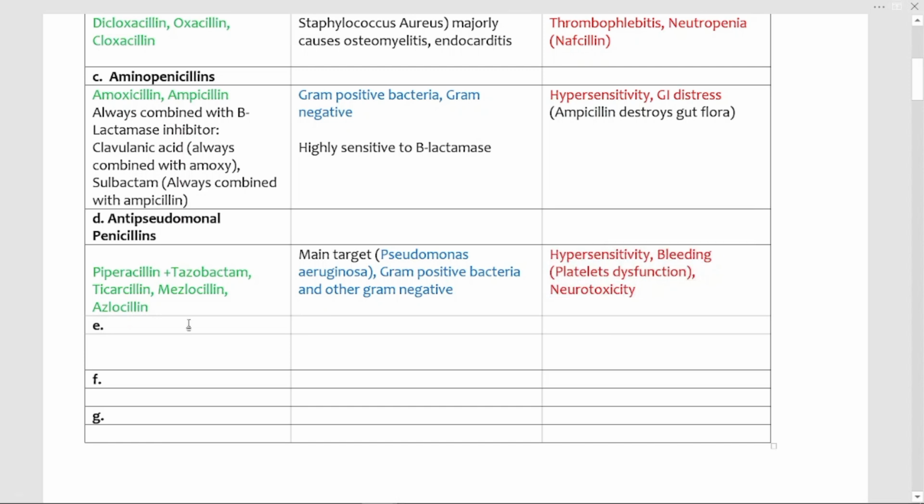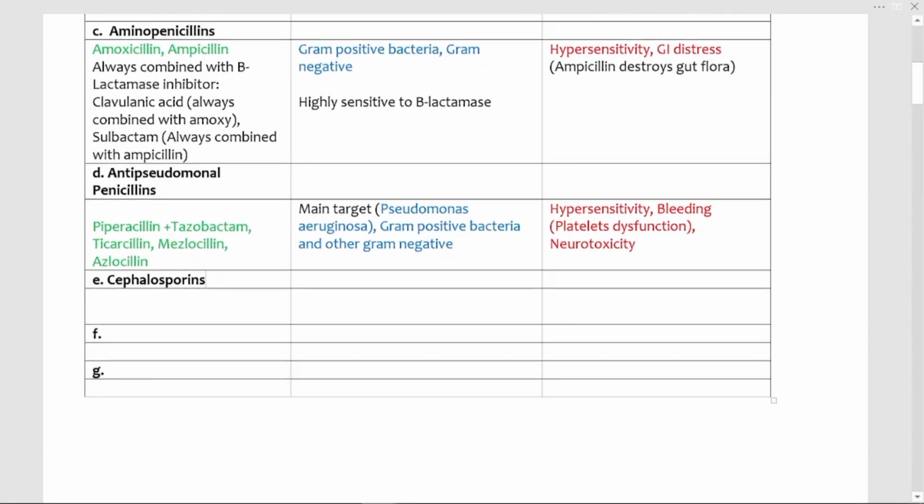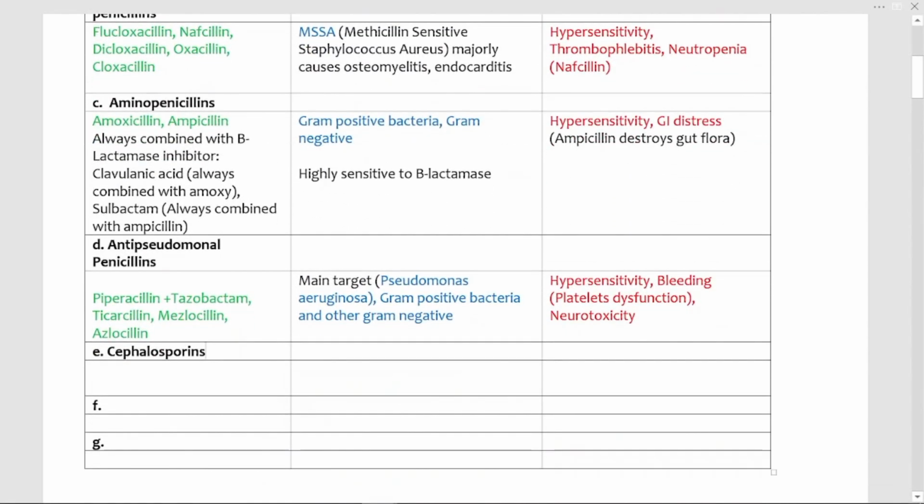Now, another classification of beta-lactam antibiotics we have is the cephalosporins. And here we have five generations. The first generation of this group we have is cefazolin. We also have cephalexin.